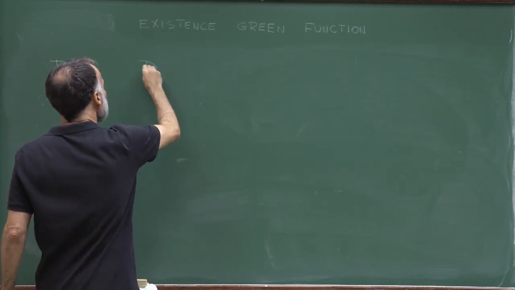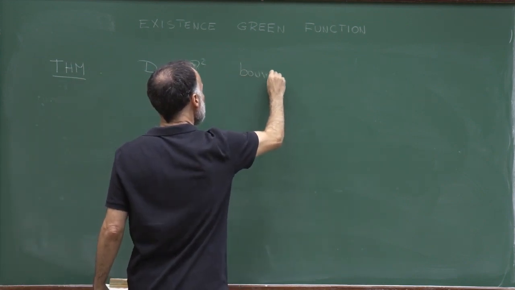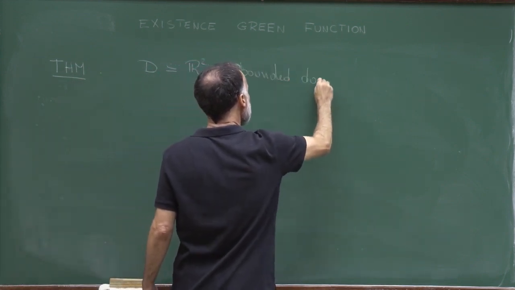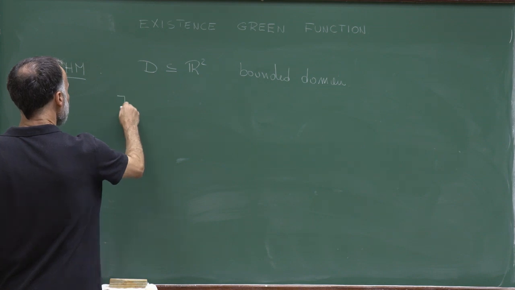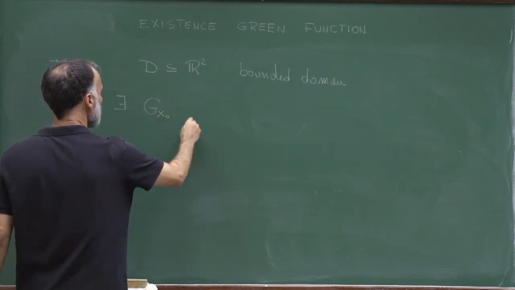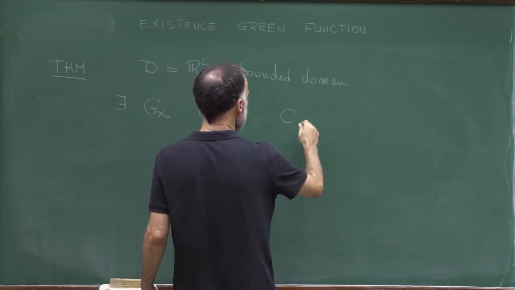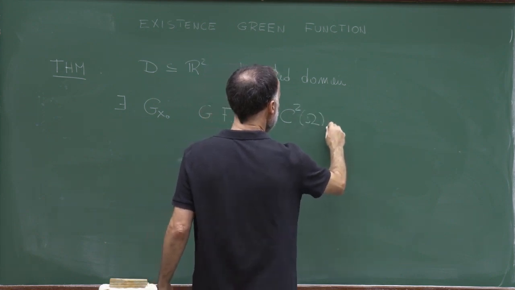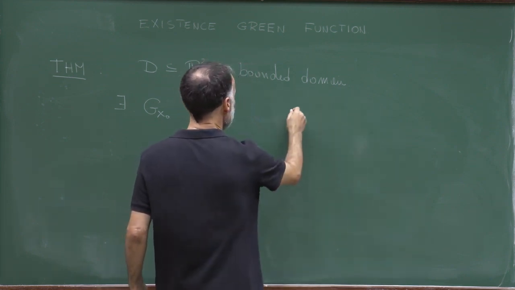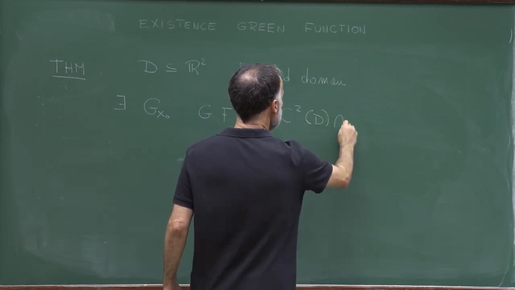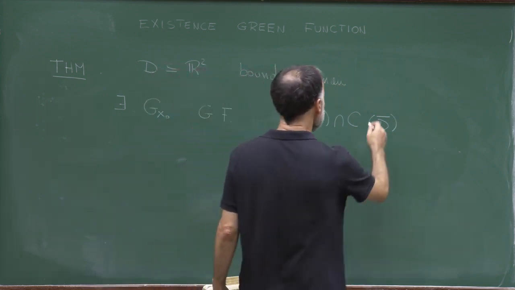So let D be a bounded domain and let's assume that there exists a green function, and the green function, remember, we require it to be C2 in the domain D, and to be continuous up to the boundary, well, I'll assume it to be C1 up to the boundary.